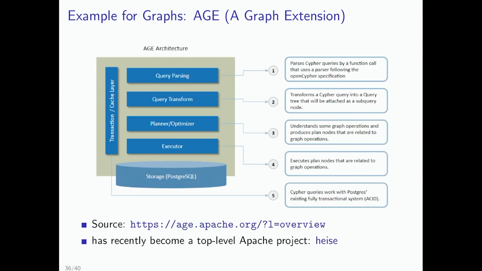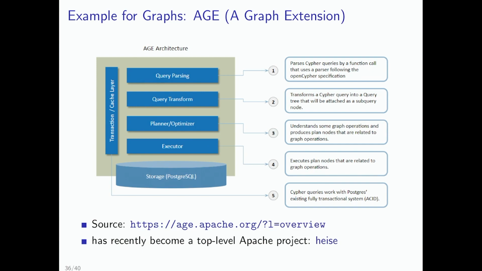Here's a little bit of how that works. This is the graph extension, how it's called, for PostgreSQL. That's the layered architecture they're using. Basically, they had to bring Cypher into the system, and they had to extend the query parser to do that.